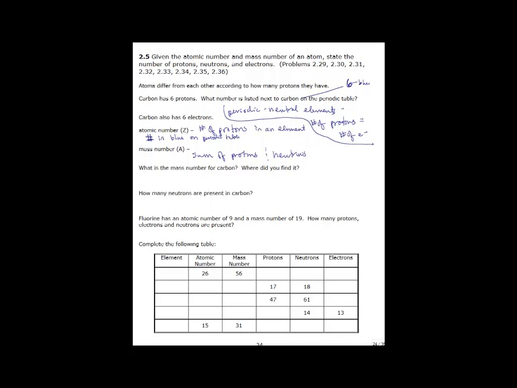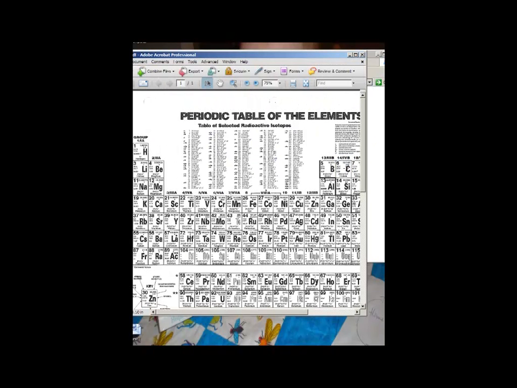Now, if you look on your periodic table, there's this number here written in red. And a lot of students think that's the mass number. That's not the mass number, that's the atomic weight, which I'll go over coming up.